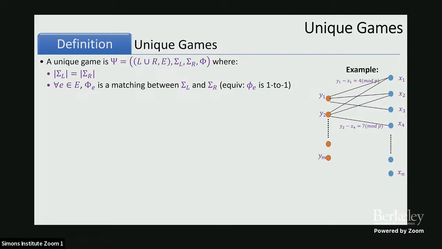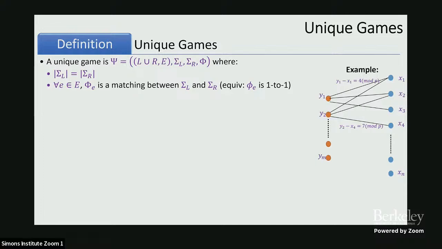In that case, whenever I tell you the value of x1, there is only one value for y1 that would satisfy the constraint, and vice versa. So this is one type of unique game. Actually, in some sense, it's the only type of unique game, but never mind that. And whenever I say unique game, this is really what you should have in mind.